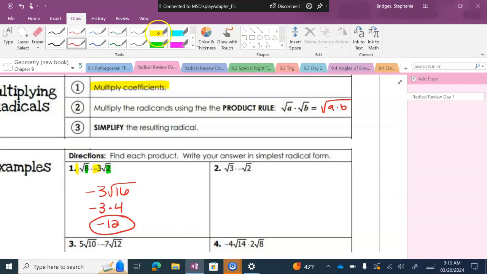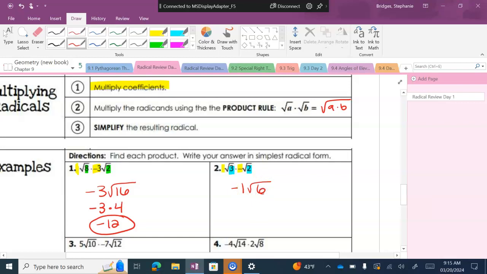What numbers are out front? A positive 1 and a negative 1. Okay, positive 1 and negative 1. If I multiply those, that gives me negative 1, right? And then we're going to multiply the numbers under the radical sign. The square root of 3 times the square root of 2 is the square root of 6.